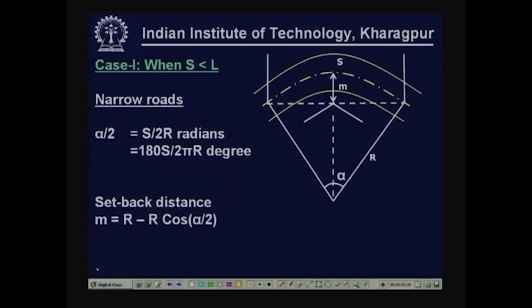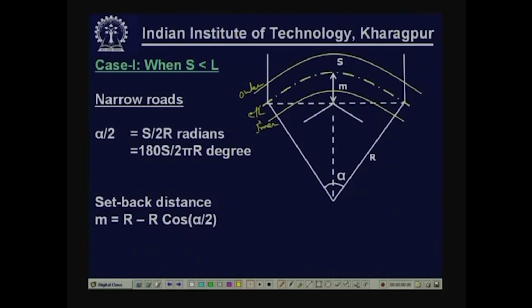Let us consider a narrow road. This is the center line that I have tried to indicate. This is the outer edge of the road, and this is the inner edge of the road. Since it is a narrow road, we consider the vehicle position at the center of the road.